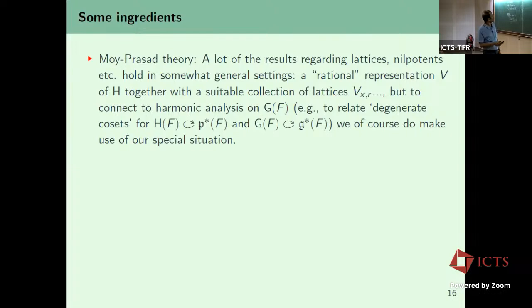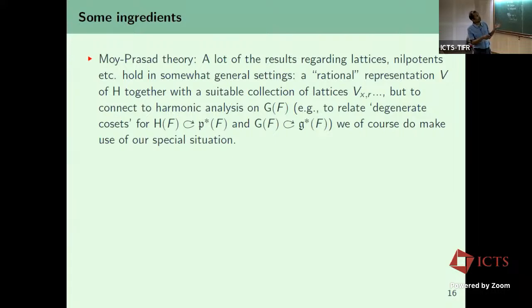But let me make a few remarks to end. A lot of the structure theoretic results regarding lattices, nilpotents, etc. in Moy-Prasad theory are actually very general. If you have a rational representation V and a suitable collection of lattices, many of those results actually work well in that setting.